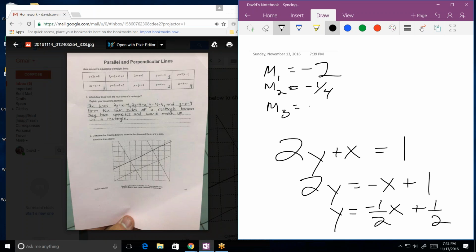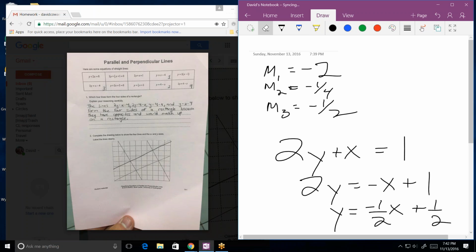Slope's -1/2. That's all you have to do on all of these. First of all you have to solve it for y, and then take the coefficient of x on the other side, that's your slope.